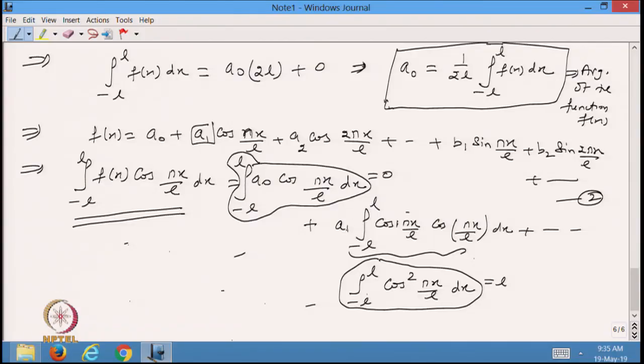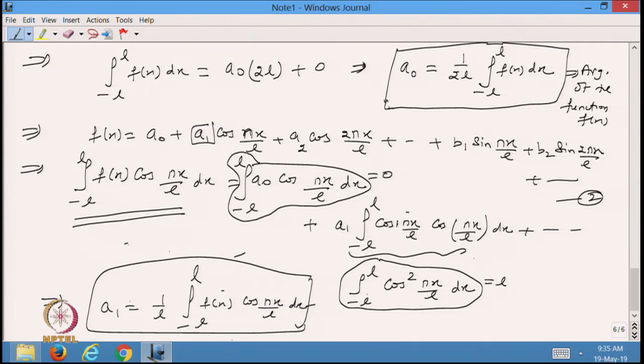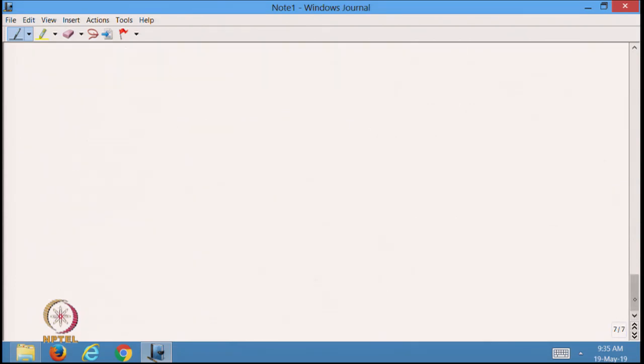So all the integrals become 0, and I am left with only the coefficient a1 and this integral, whose value will be L. So from here I can say that my a1 is the integral from -L to L of f(x) cos(πx/L) dx, divided by L. So I come up with only a1 here.